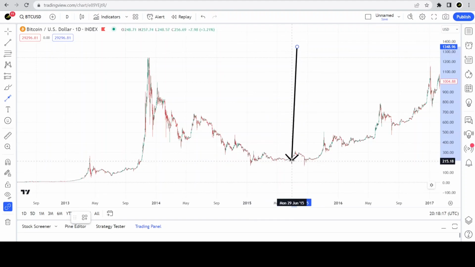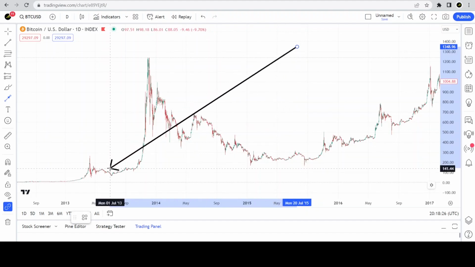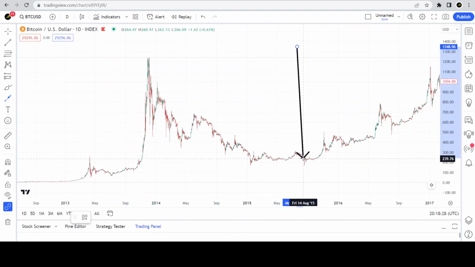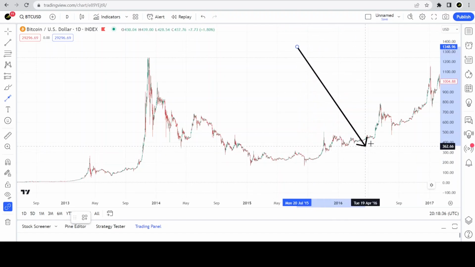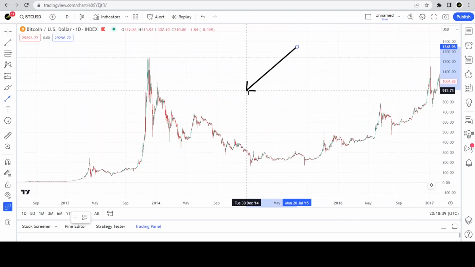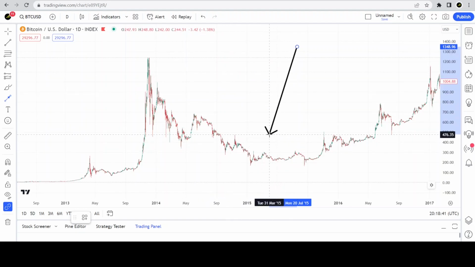There are two types of declines that I've spoken about on previous Bitcoin videos. One ends in a bounce like this. The other one ends in a V bottom like this. So this decline ends with a bounce. After that bounce, Bitcoin changes gears and begins to move back up, recovering from the crash that took place.